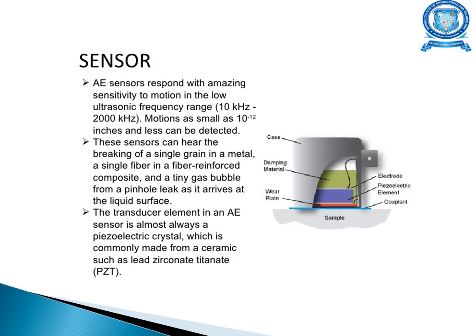Here you have the diagram figure: this is a casing, and you have a damping material inside, an electrode, the piezoelectric element, and a wear plate here. This sensor, the transducer, is placed above the test specimen, and in between the sensor and the sample, a couplant material is applied.